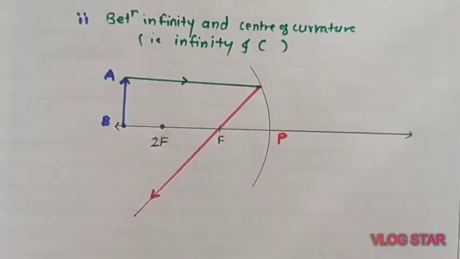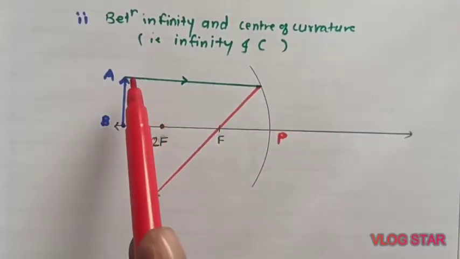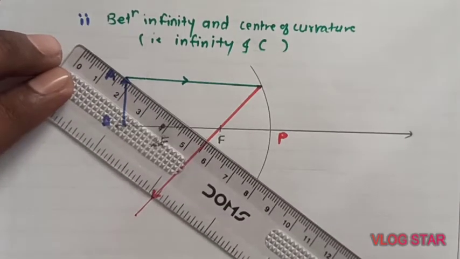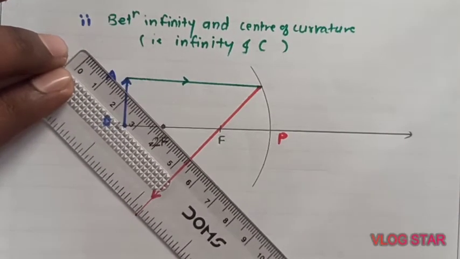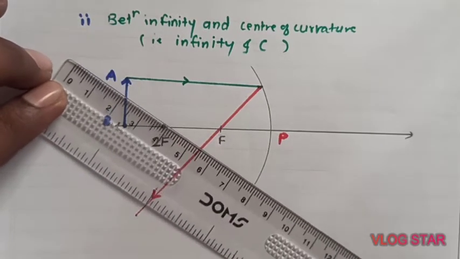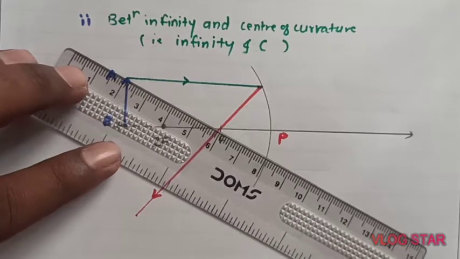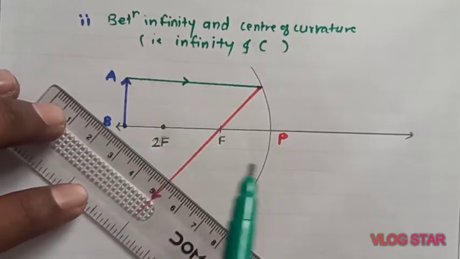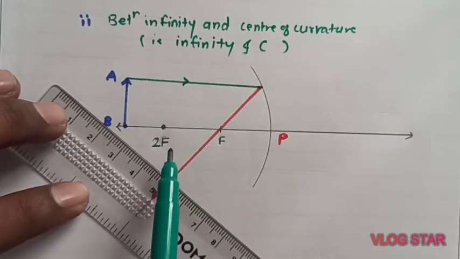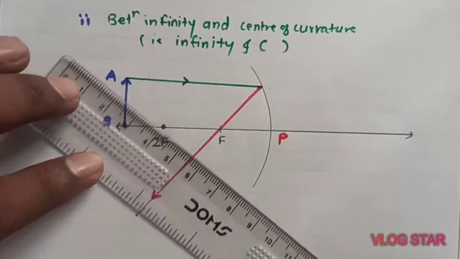So I am representing the reflected ray by red pencil. So this is the reflected ray. To get the image of A, I must have one more ray from A. So that second ray I can pass through the focus or I can pass it through the center of curvature. But I will choose this. This is convenient for me. So now two options are left. Your incident may be through the focus or through the center of curvature. You have to select one of them.